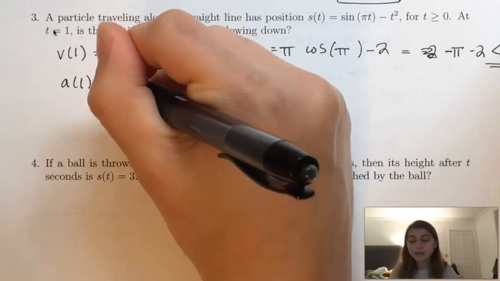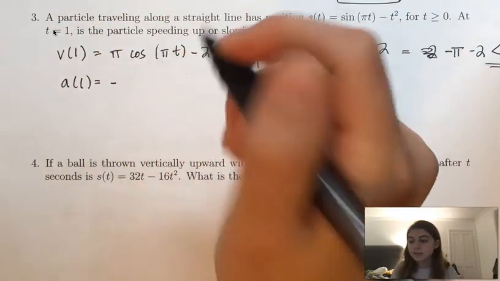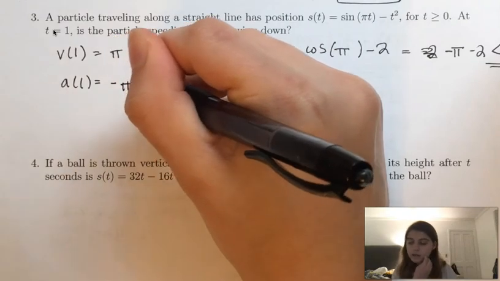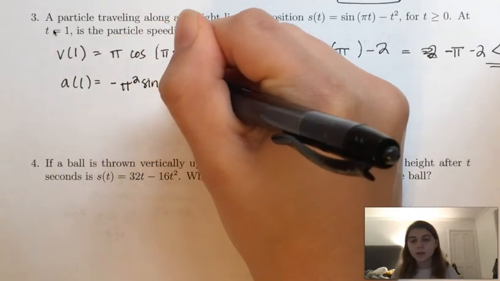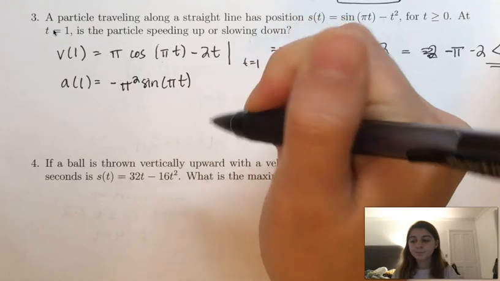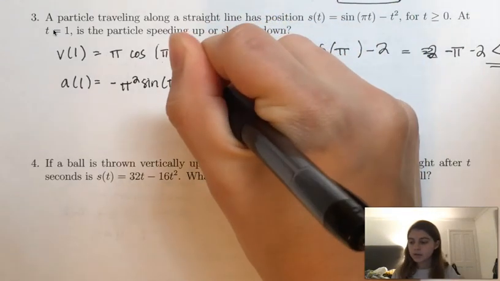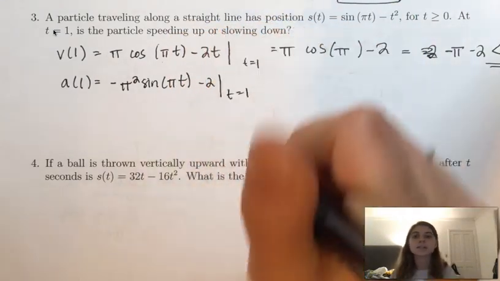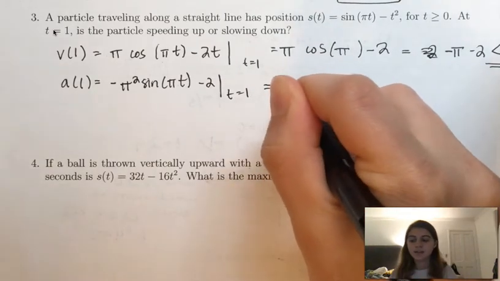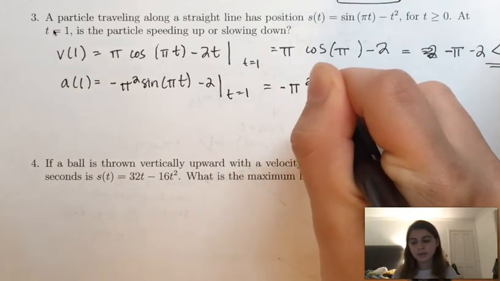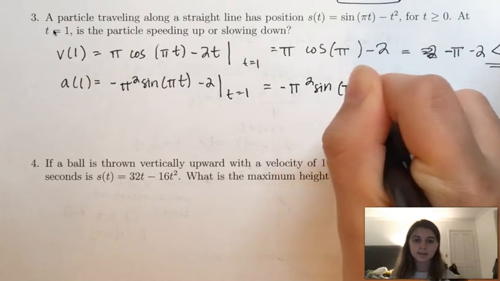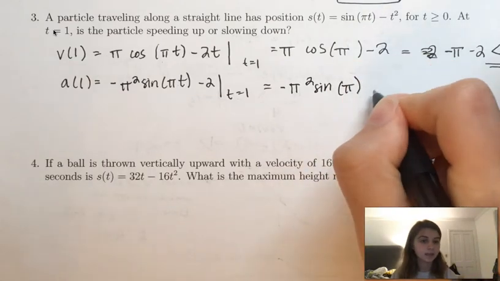So now we're doing acceleration at 1. So now we have negative pi squared, because of that chain rule again, sine of pi t minus 2. And then we're going to plug in t equals 1. So negative pi squared, and if you remember, sine of pi is 0. So that's times 0 minus 2, and we just get negative 2.